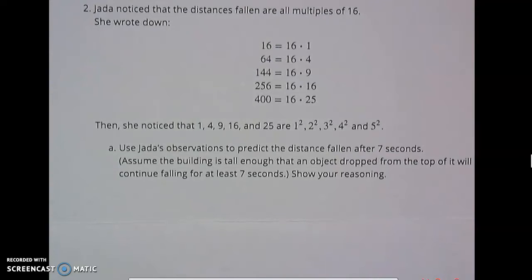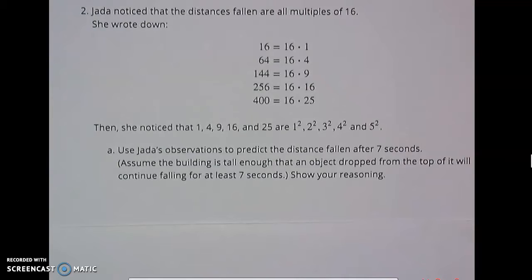Use Jada's observations to predict the distance fallen after 7 seconds. We're going to assume that the building is tall enough that the object dropped from the top of it will continue falling for at least 7 seconds. In that previous example, it only had 500 feet to fall. That wasn't enough for us to get to 7 seconds. It wasn't even enough for us to get to 6 seconds.